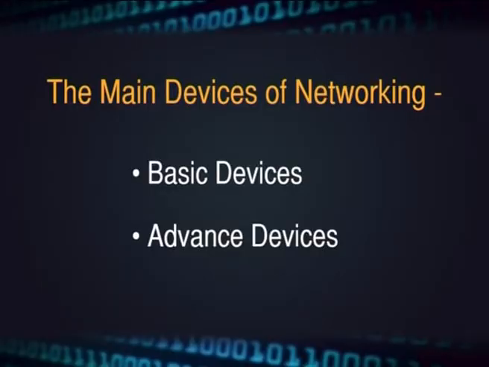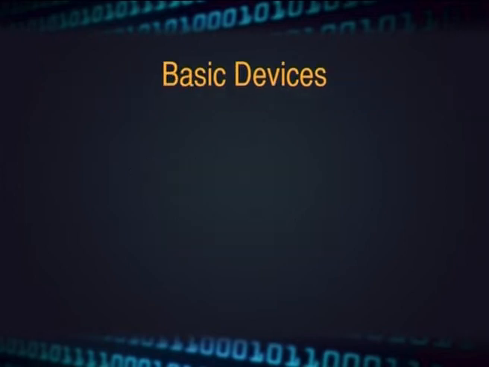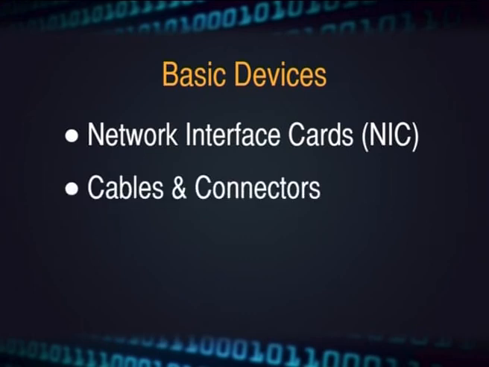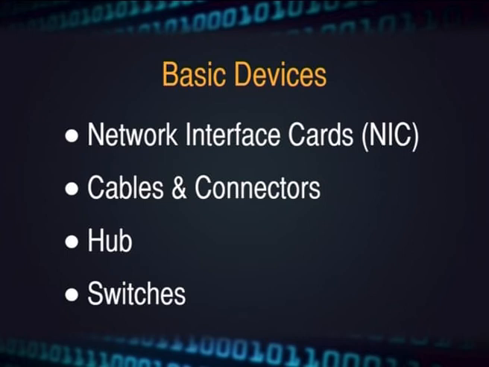The main devices of networking are categorized as basic devices and advanced devices. Basic devices: the commonly used hardware in LAN are network interface cards or NIC, cables and connectors, hub and switches.